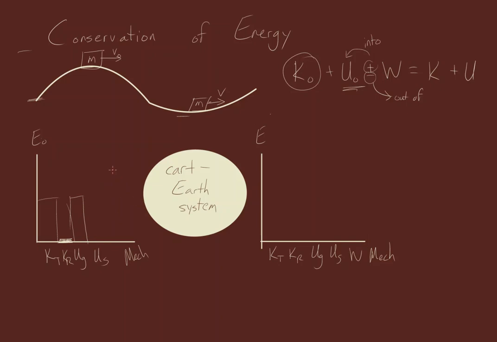So when we add up our kinetics and potentials, we get our mechanical. So it's currently made up of translational kinetic energy and gravitational potential energy.